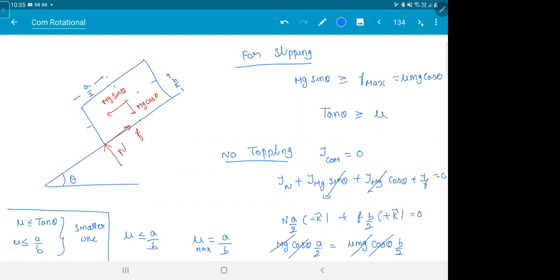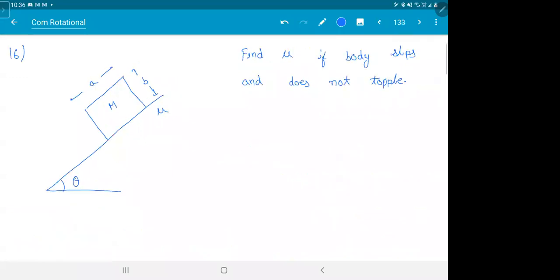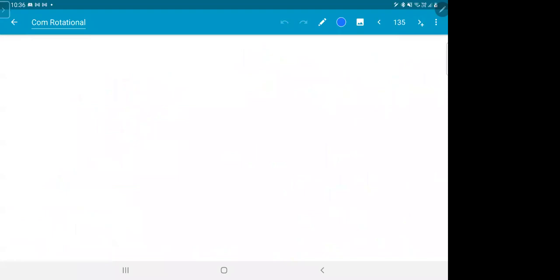Next. So that's about the toppling part. Next thing.